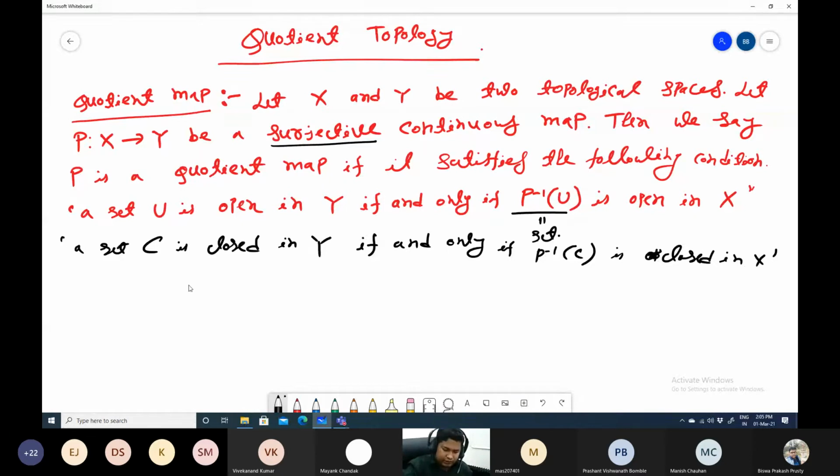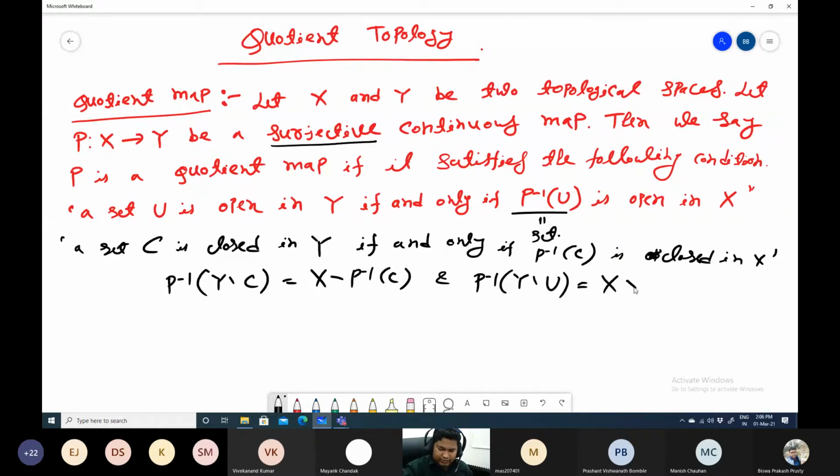Why? Because we know that P inverse of Y minus C is X minus P inverse C, and similarly P inverse of Y minus U is X minus P inverse U. So therefore this is an equivalent condition.